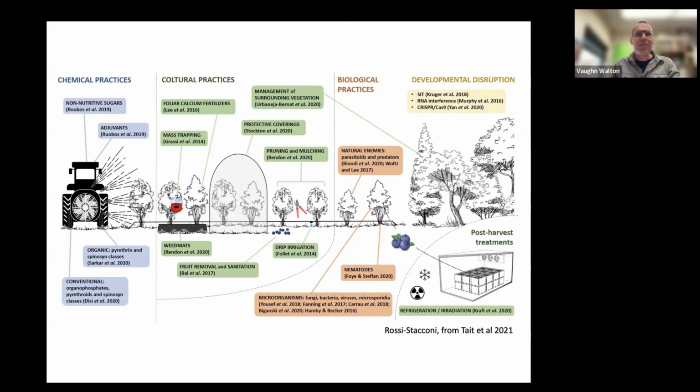We have also looked at other methodologies. Some growers use nets, these protective coverages, which work really well. Pruning helps a little bit, but none of those techniques are really standalones. I just talked a little bit about refrigeration. Refrigeration is maybe one of your most useful tools.